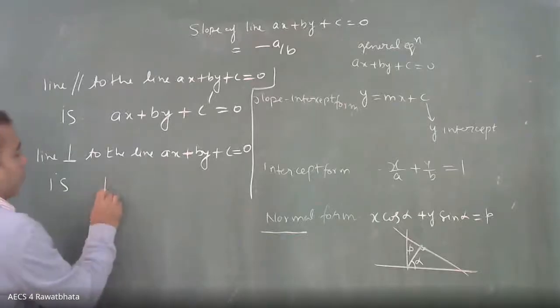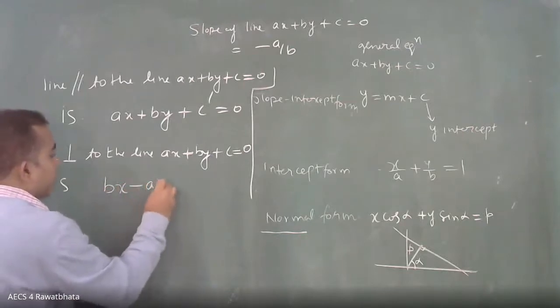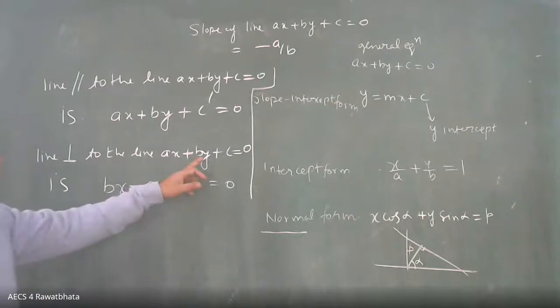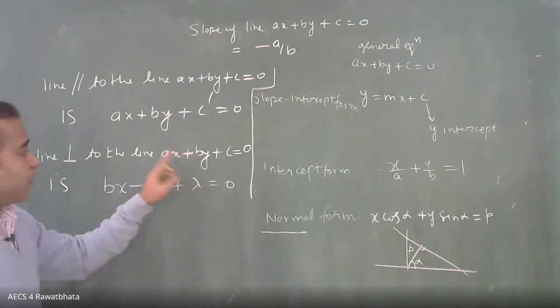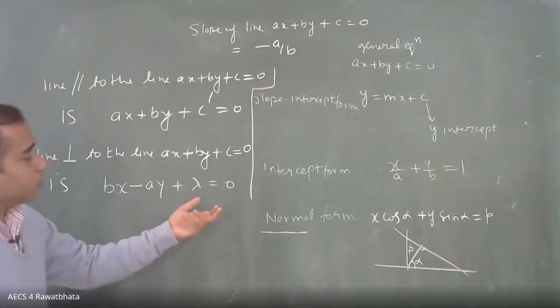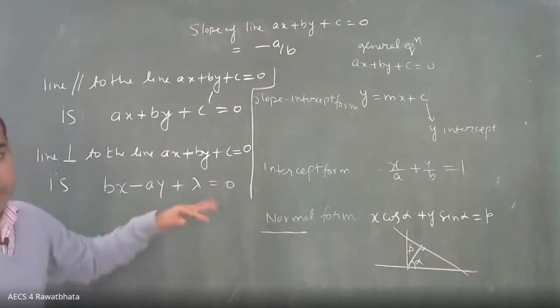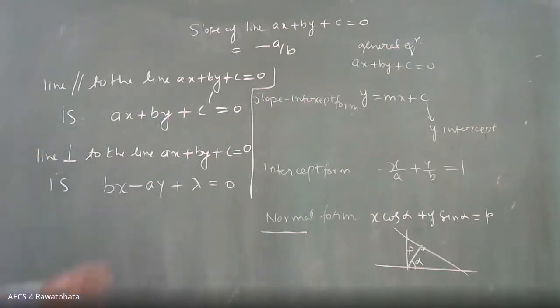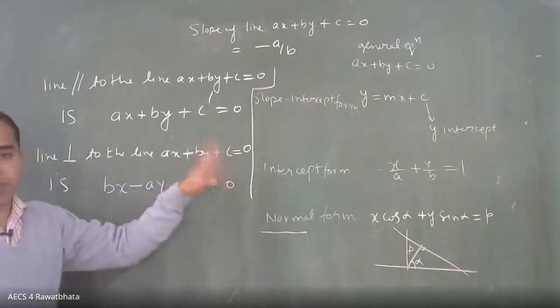Yes, bx minus ay plus lambda equal to 0 means the multipliers of x and y you interchange, in between you make the sign opposite, and the constant will also change. So bx minus ay plus lambda equal to 0 is the equation of a line perpendicular to ax plus by plus c equal to 0, right?